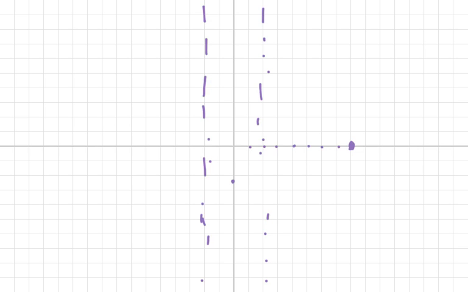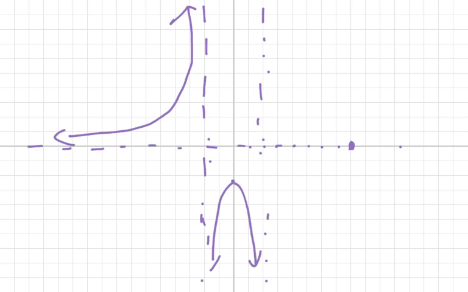And I have a horizontal asymptote at y equals 0 right in there. Now in this case, I'm going to draw it, it goes this way. Something like that. It's just a sketch. It's not perfect. And there's the y-intercept in there.